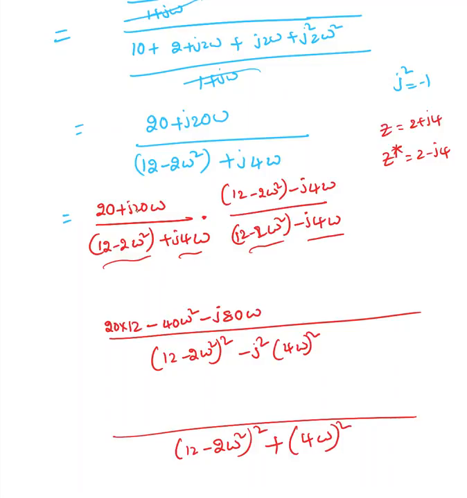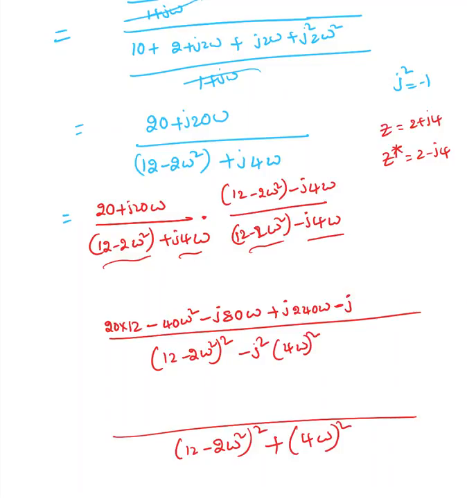Now I'm going to do the imaginary part, j20 omega times 12, so that's an imaginary part, so plus j20 times 12, 240 omega, so that's a plus j. Now j20 times 2, so that's the imaginary part, so sure I need that.